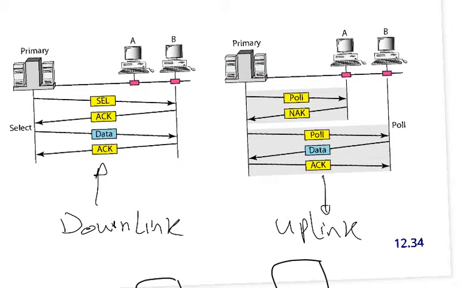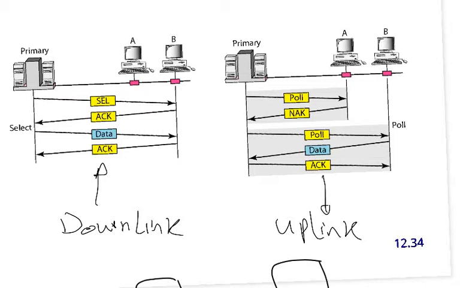So in the downlink scenario, the primary node, remember we're using polling. In the polling, the coordinator or the primary node or the central node will always initiate the transmission, whether it's uplink or downlink. So in that case, we use two control signals. In the downlink case, we use a control signal called select.